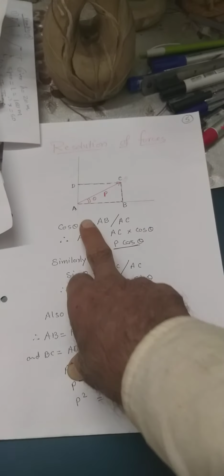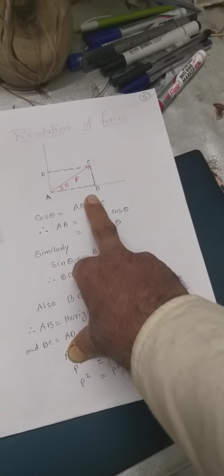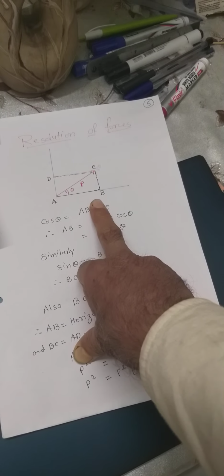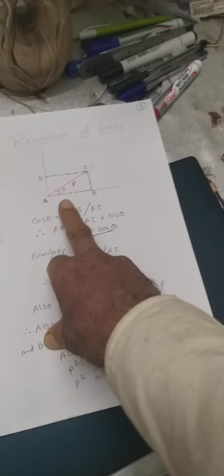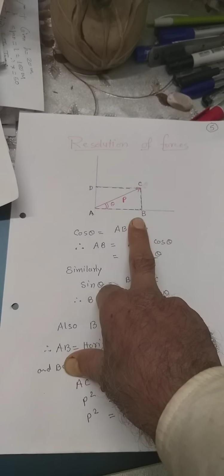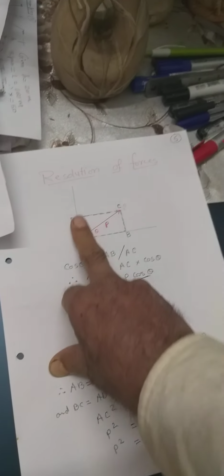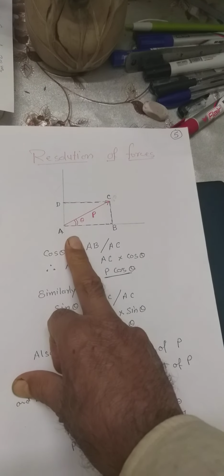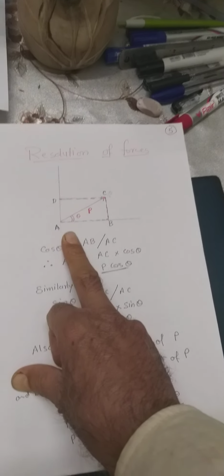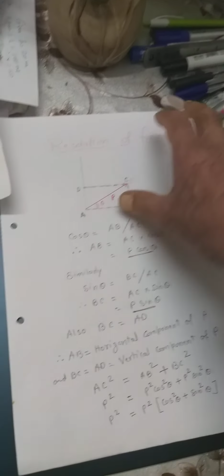So we can say the horizontal effect of this inclined force in the horizontal direction we call the horizontal resolution. The effect of this inclined force in the vertical direction is known as the resolution in the vertical direction.